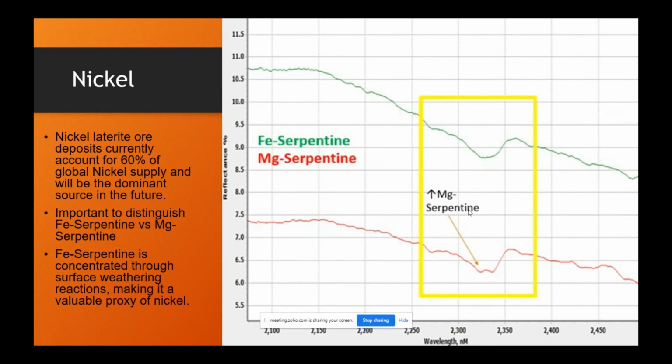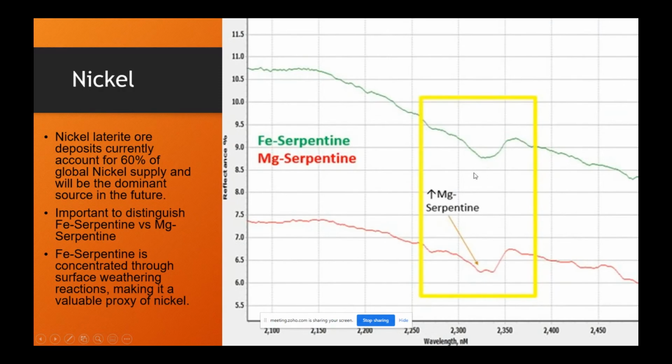So in this plot, we have an iron serpentine, which is the green, and a magnesium serpentine in the red. Both of these were measured with the Ore Expert. And as you can see with the magnesium sample, there is actually a doublet right here at like 2340 nanometers. That is not going to be present with an iron serpentine.